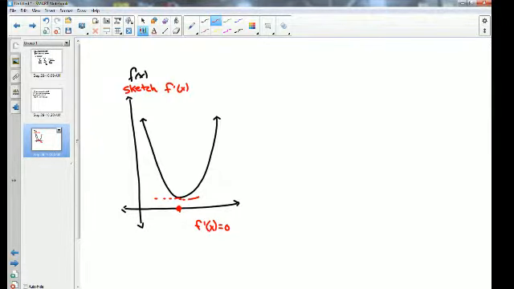What is this slope right here? Positive or negative? Negative, and then over here, do we have to pass 0? Yeah, we do. Negative to positive, we pass 0. So there is some point here where the tangent line has to have a slope of 0. Does that make sense?